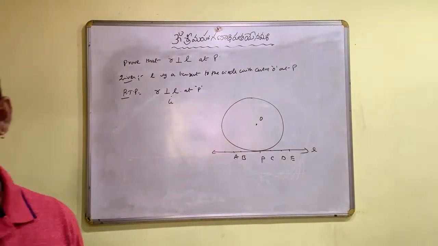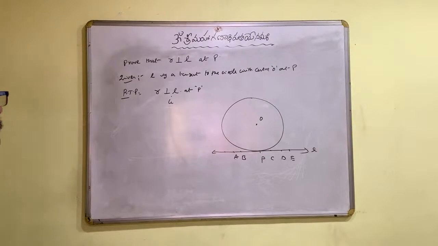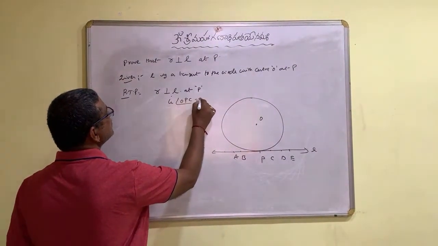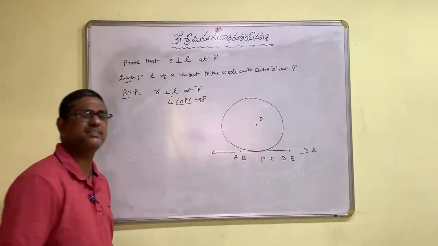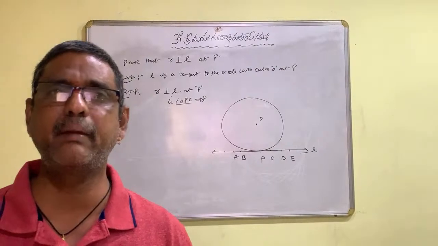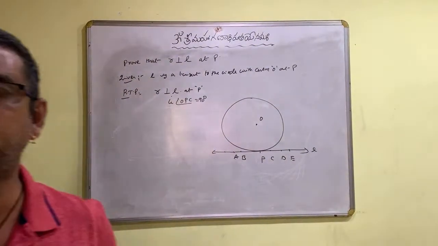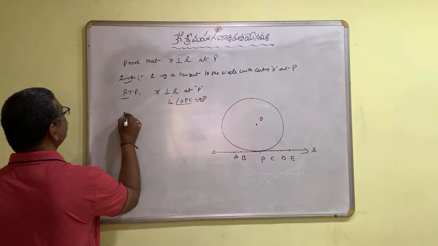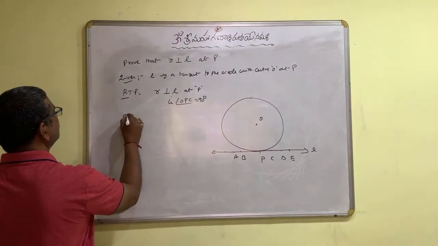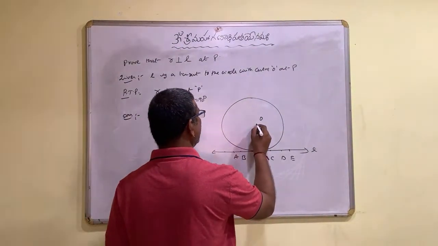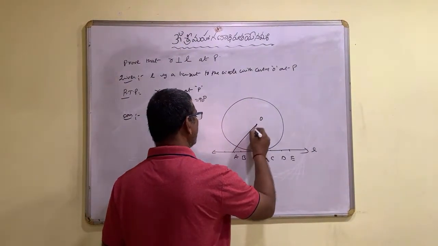Okay, na? And let it be angle OPC. OPC is 90. Either OPC or OPD or OPE or OPB, OPA, whatever it may be, it is 90 degrees. I have to prove. Okay. Now, proof. Construction. What I do? I join all the points.